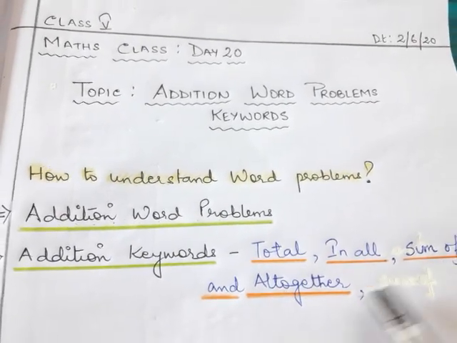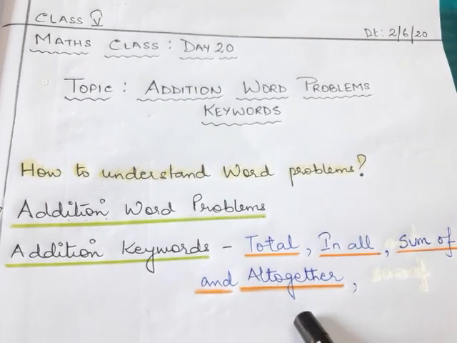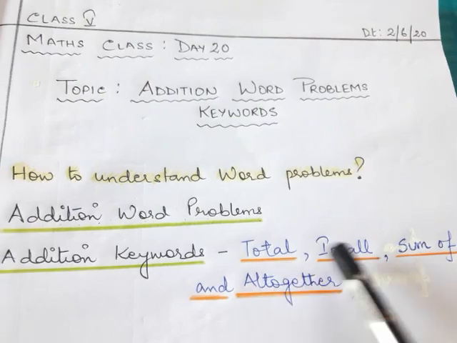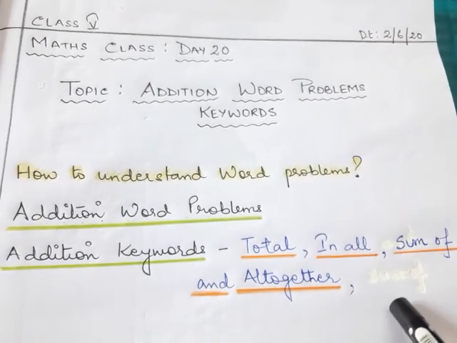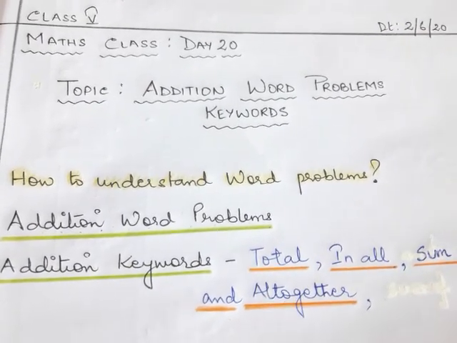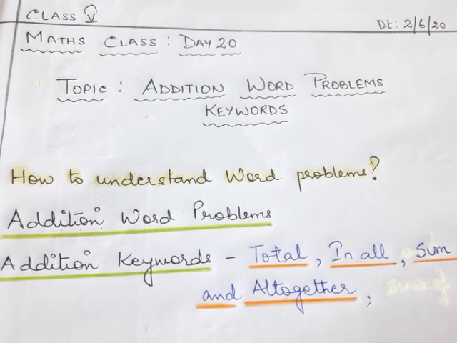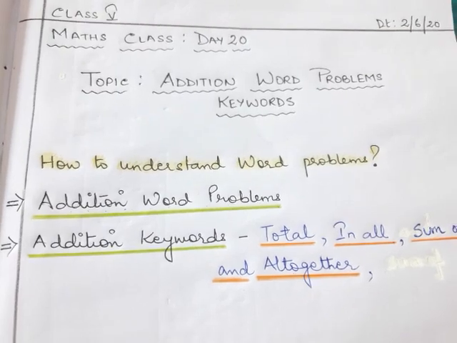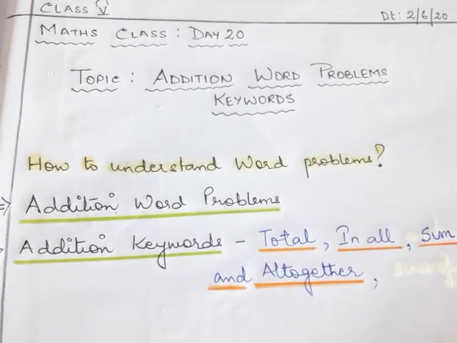So these are the keywords that you have to read when you see your word problem. If you see these keywords, you can easily understand that the word problem sum is asking you to add. Okay, so let's go for some example sums.